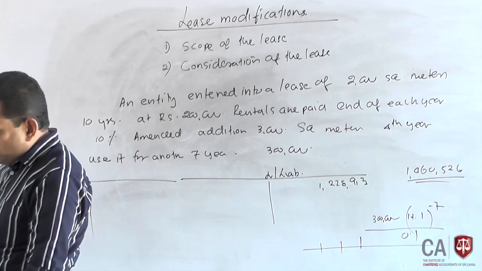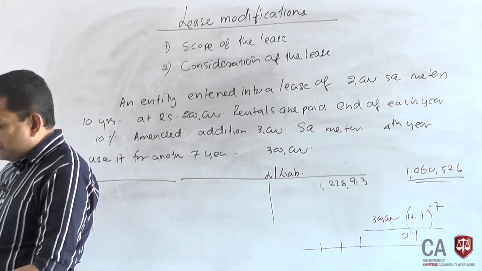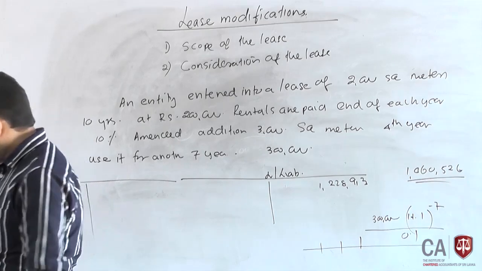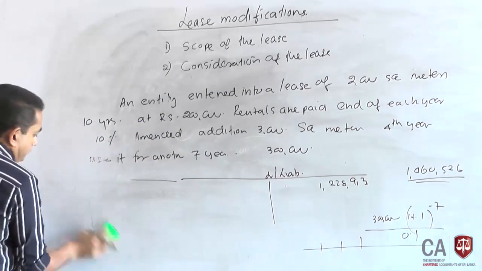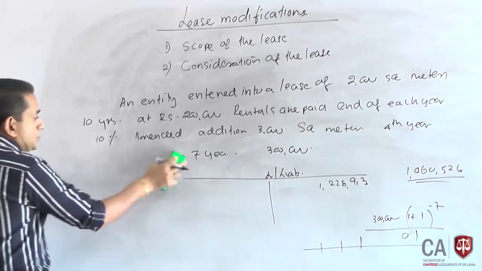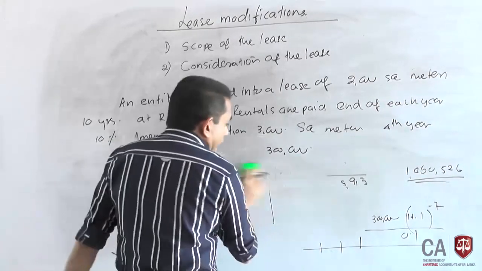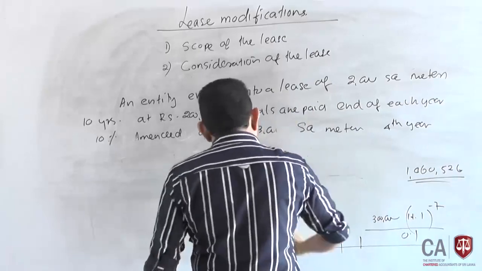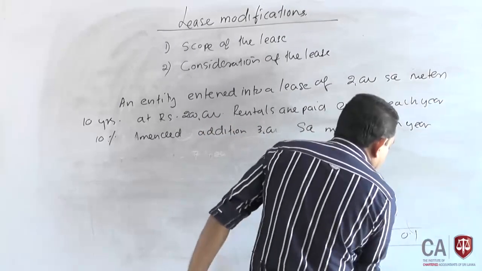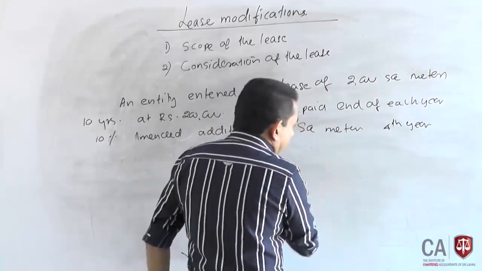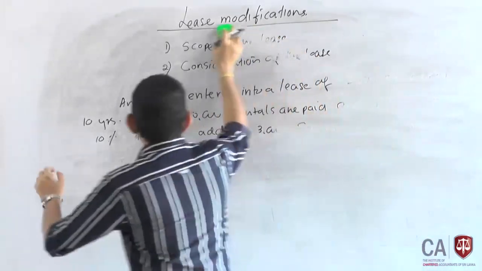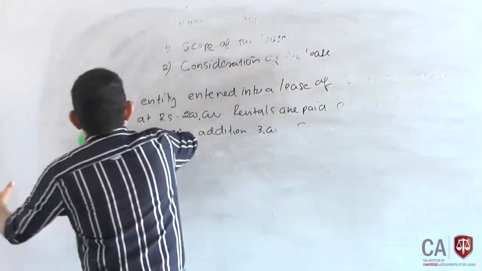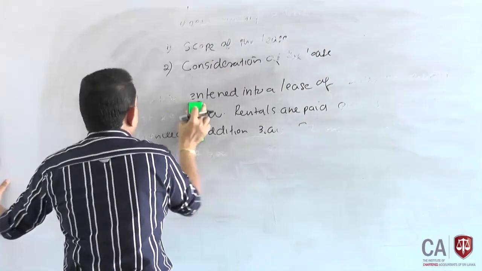And if there is another modification which is different from the previous, which is not considered to be a separate one, but is considered to be a continuation of the same lease contract, the accounting part is a little different.